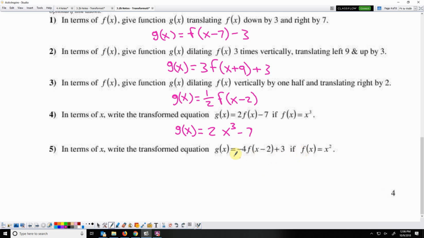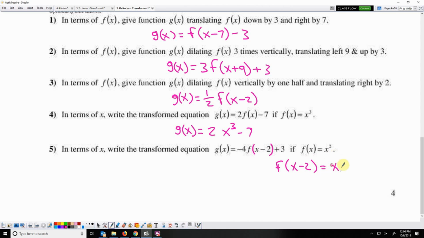Then for our g of x, it's going to be negative 4 times f of x minus 2 plus 3. The original function is x squared, and here I've got a minus 2 in that function. So f of x is going to become f of x minus 2.